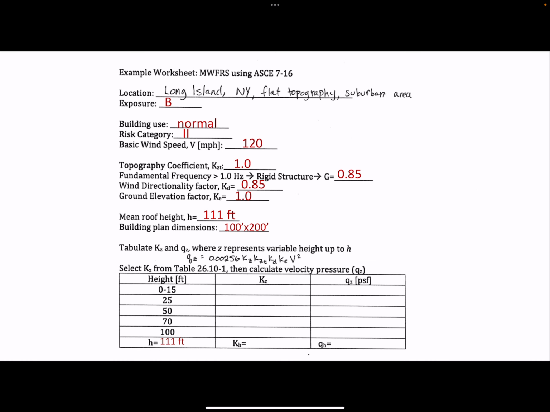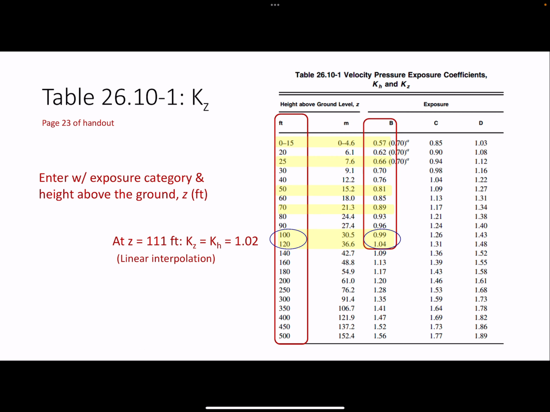All right, so here is just an example of a worksheet that was used to go through this example. All the stuff that we've just talked about is filled in red. And then this is that table for determining KZ. As you can see, there are different columns for the different exposure categories. So that's one thing you want to make sure to keep in mind: make sure you select the correct exposure category to determine these values.